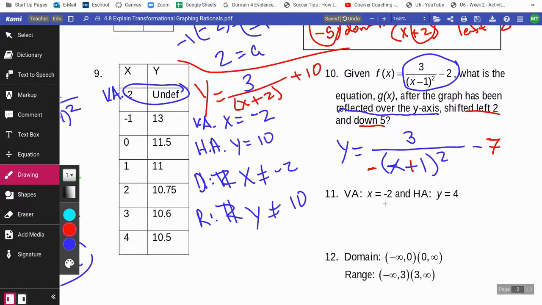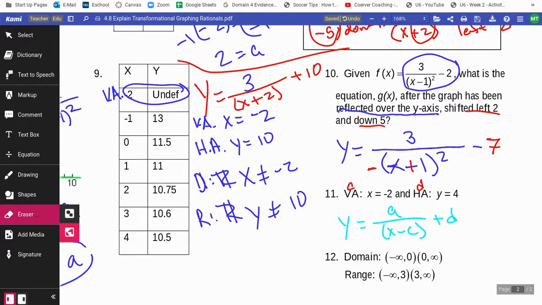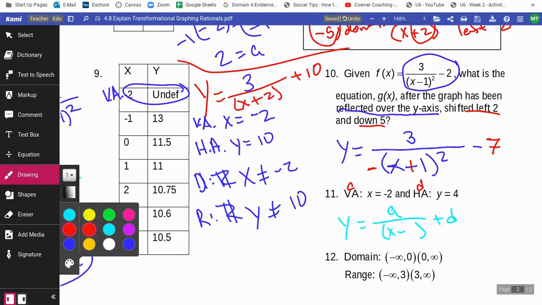Number 11, we get the VA and the HA. This is what we've been talking about. The VA is just the C value. The HA is just the D value. So I can write an equation, y equals A over x minus C plus D. So I take away C and I put in a negative 2.